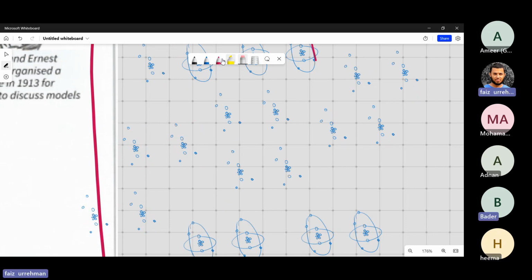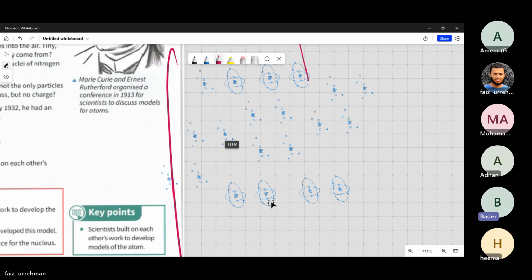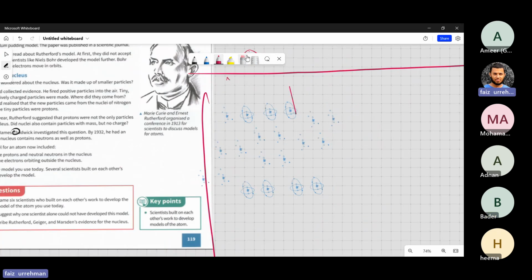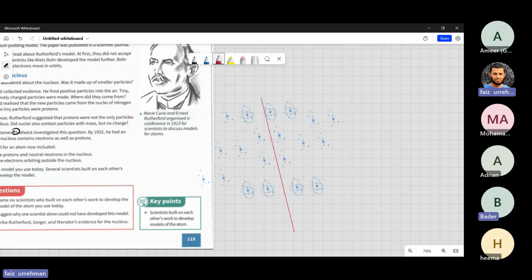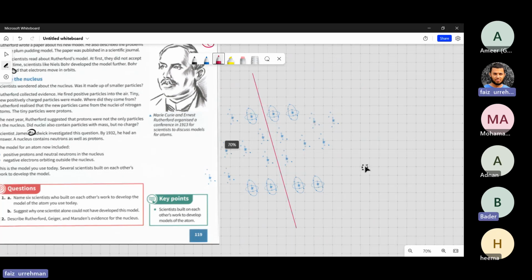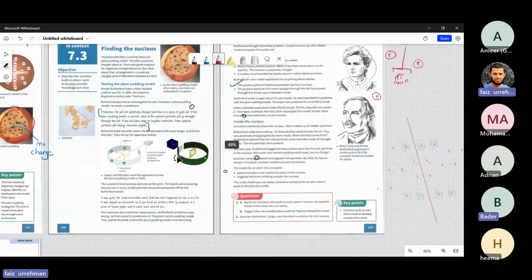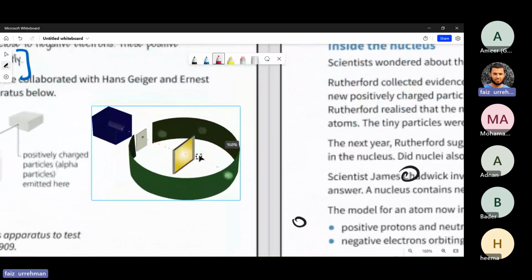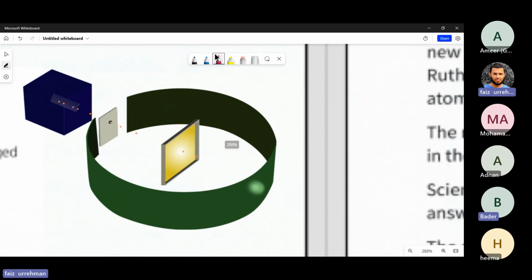Now imagine I throw a positive charge in a straight laser-like line. I'm throwing this positive line. It will go straight. Why? Because there is no obstruction in between. That's why in this gold microscopic structure, these balls that are coming here are passing through the gold foil.